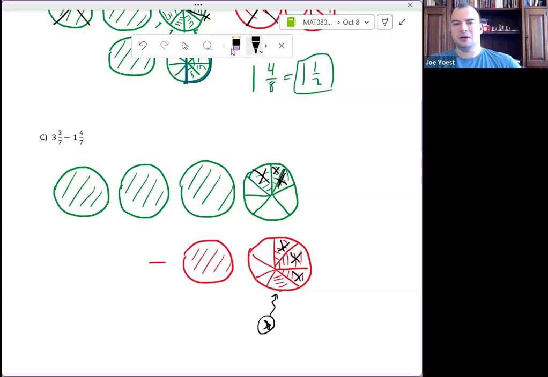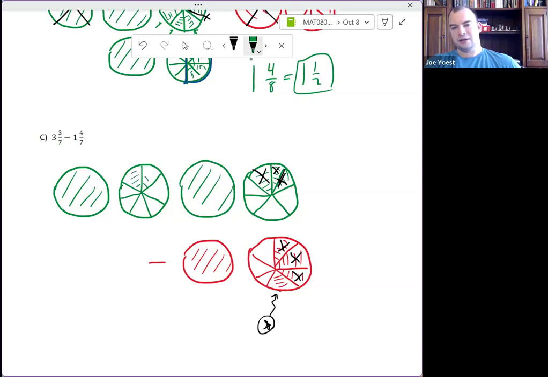Well, what I'm going to do is take one of my whole pizzas and split it into 7 pieces. Is that 7? Yeah, 7 pieces.